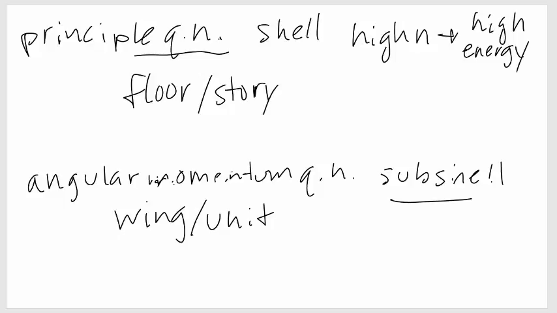So on one story, like the first story, the smallest, there might be just one thing, the emergency room. Then on the second floor, there might be a couple of things, maybe the radiology unit and the pediatrics. And on the third floor, there will be more units, etc. So this is telling us a little more specific detail about the location of an electron in an atom or the location of something inside a hospital building. So those are two of the quantum numbers.